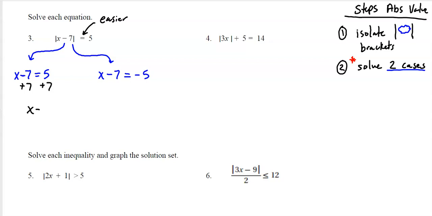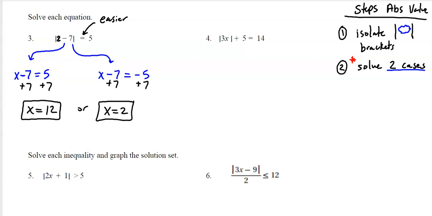Well, x equals 12, or the other possibility is x equals 2. Both of those are correct answers. Because if I go back and plug it in, 2 take away 7 is -5, but then the absolute value of -5 is 5. And the 12 obviously works because that just comes out to be +5. So that's where I'm solving two cases.